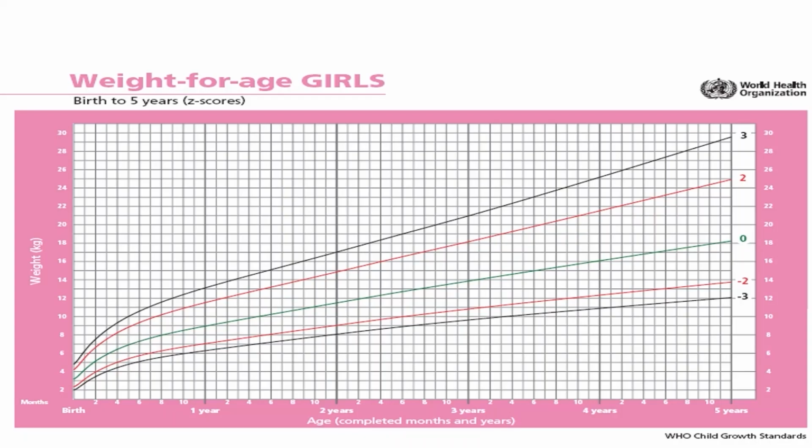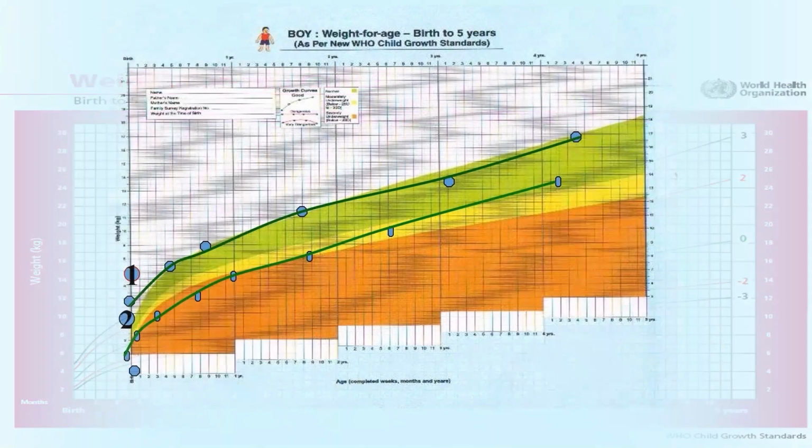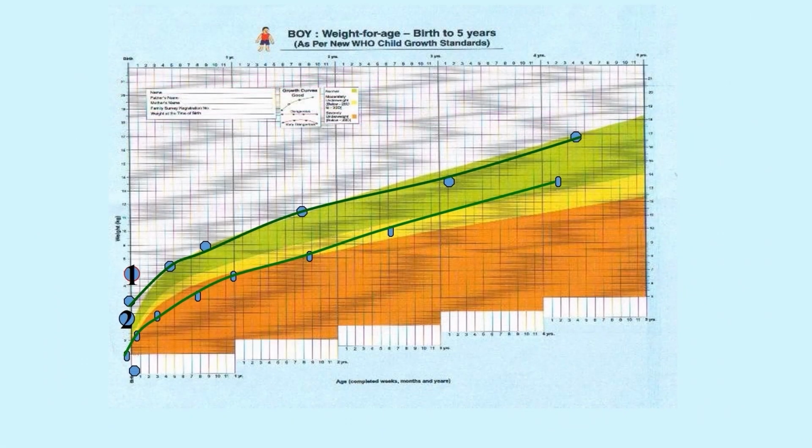And with the help of growth charts, we can visualize the growth of the child once these measurements are plotted on these growth charts. The World Health Organization has given us the growth charts using the standard weight and height for children. So, here is a growth chart. The normal growth trajectory is the curve going upwards.